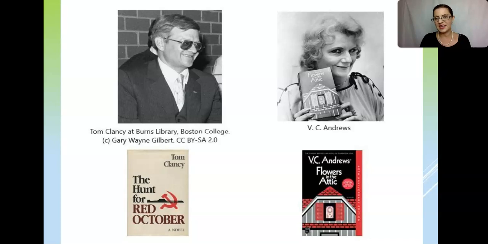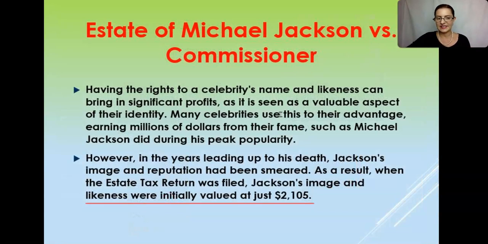In Michael Jackson's case, this was the main point of litigation in the case. The estate valued Michael Jackson's image and likeness at $2,105 at the time of his death, which seems ridiculously low, right? Okay, right. The problem is that Michael Jackson's image had been tarnished before his death.